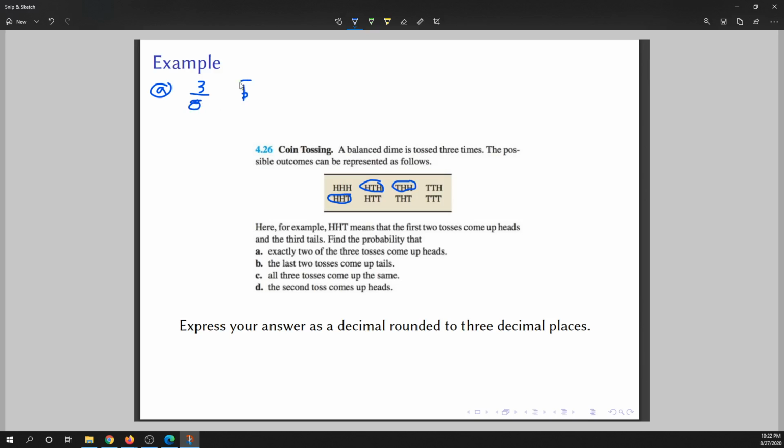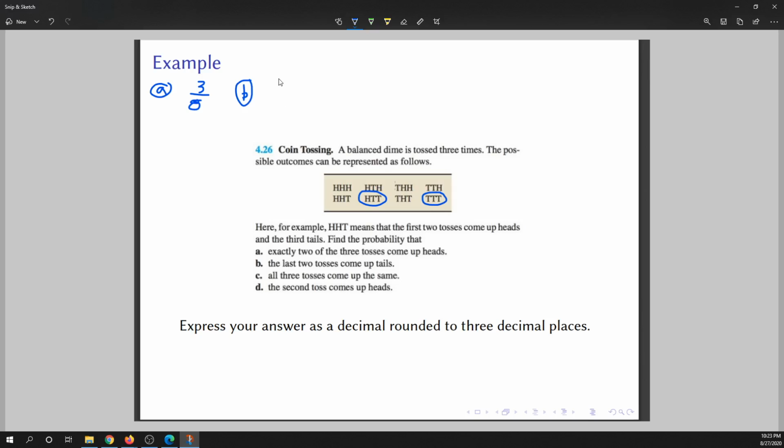All right, part B, they want to know what is the probability that the last 2 tosses come up tails. So it ends in TT. All right, so we're going to count those up. So we can see there's 1 here, 1 here, and that is it.